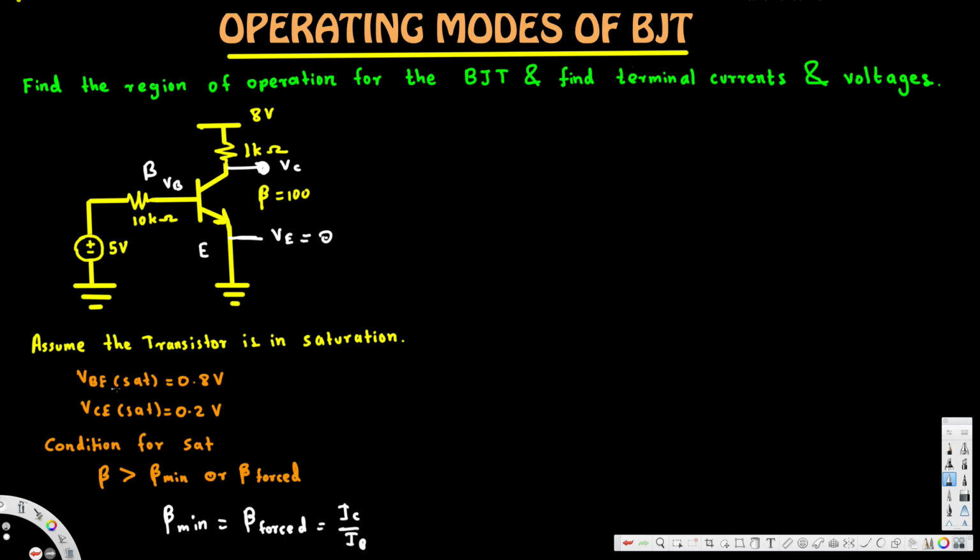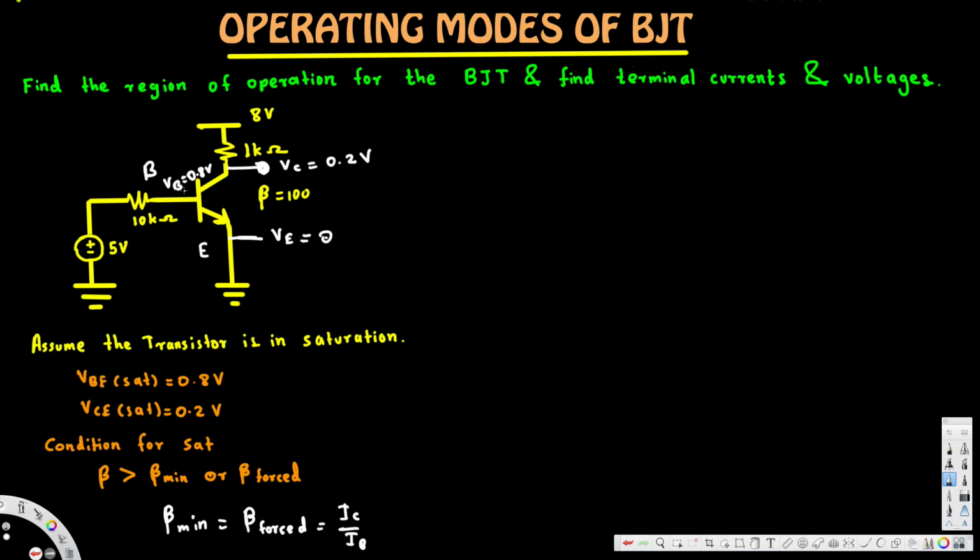Then VBE means VB minus VE. Since VE is 0, VB has to be 0.8. So this voltage is 0.8 volts and this one is 0.2 volts, because VC minus VE is equal to 0.2 volts. VE is 0, therefore VC must be 0.2 volts.